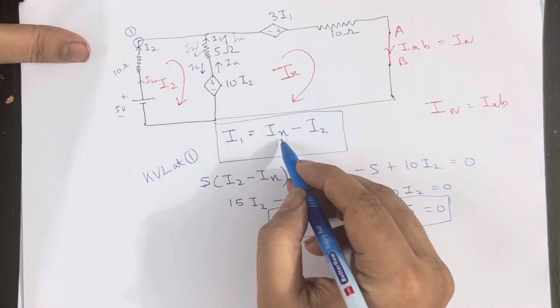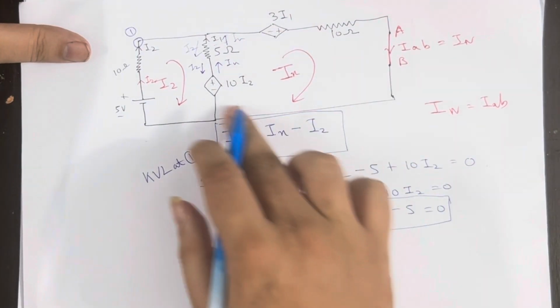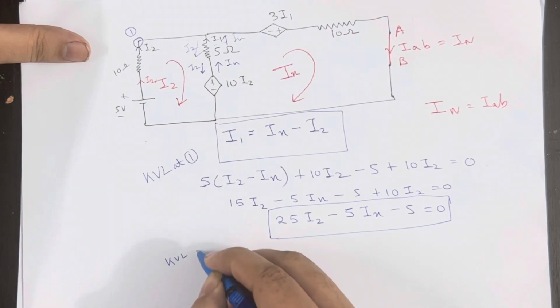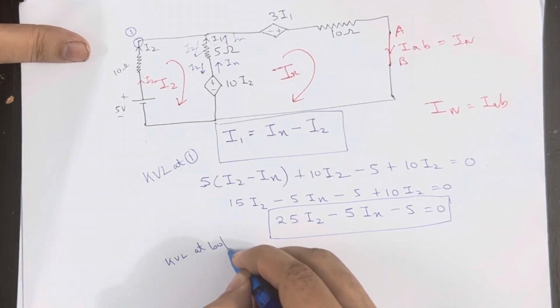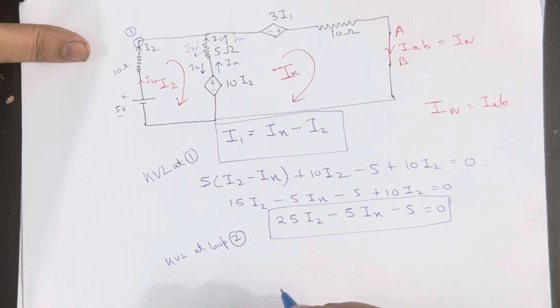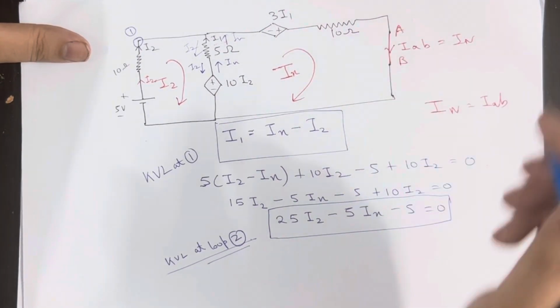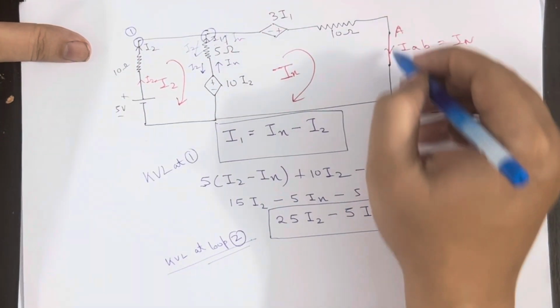From this equation, let's write one more equation first, KVL at loop 2. Let's start from this point and again come back to this point.